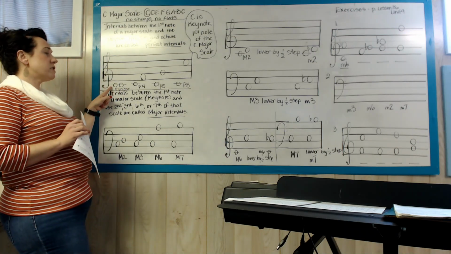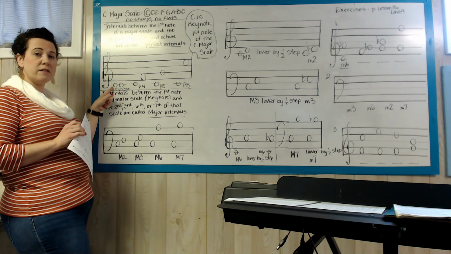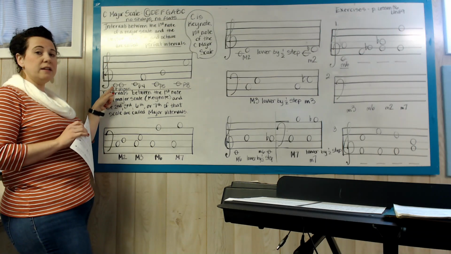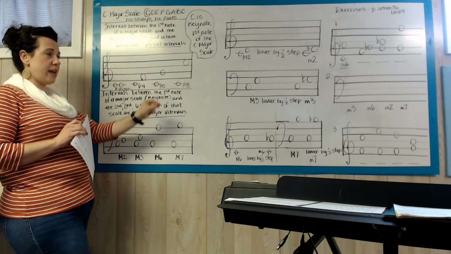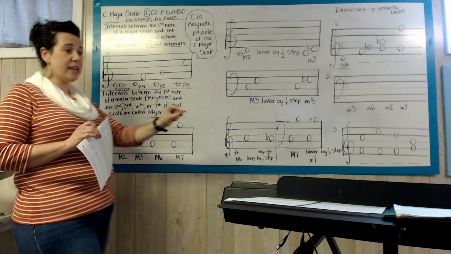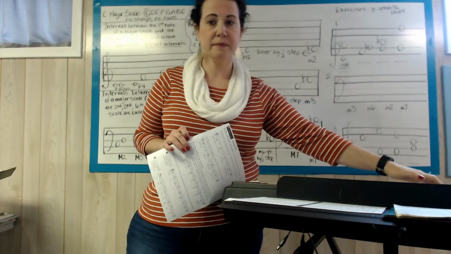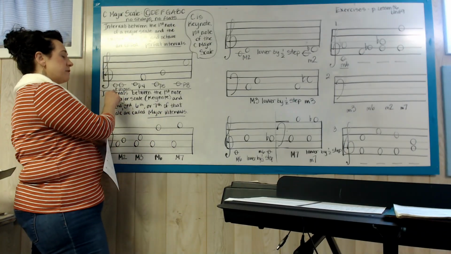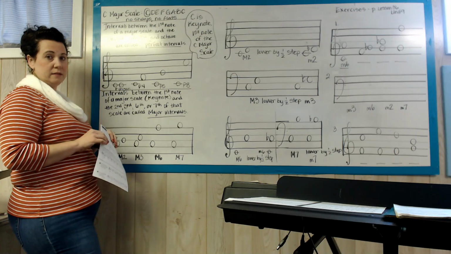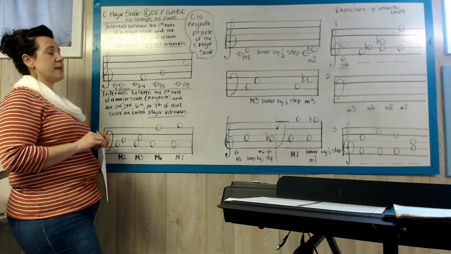So the first note, the key note, first note of the scale, C. If I was to play the same note again, C, C, just like on the piano, that's what we call unison, okay? So perfect unison. That's that interval, the same note twice.